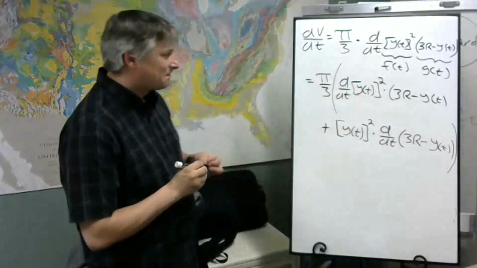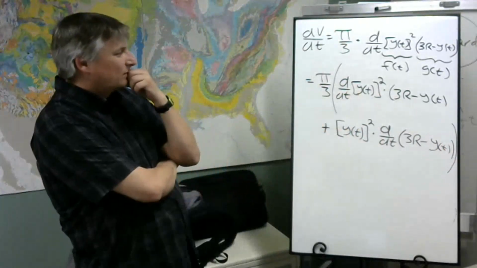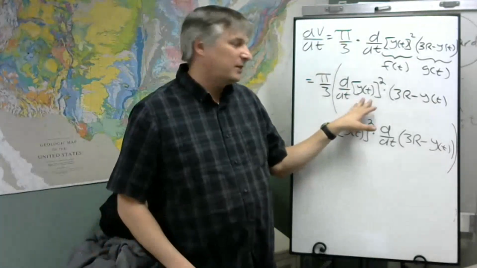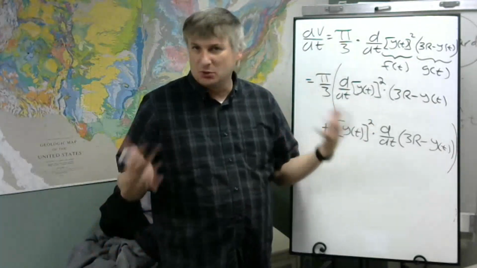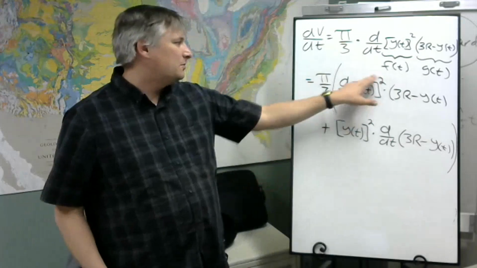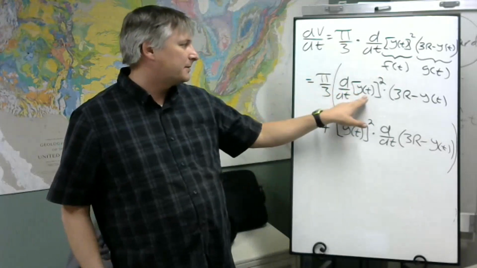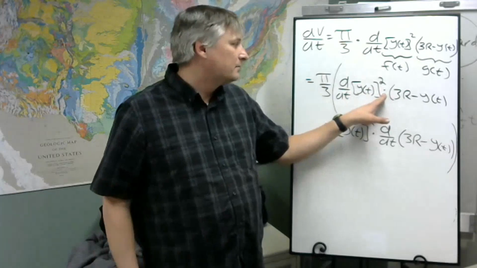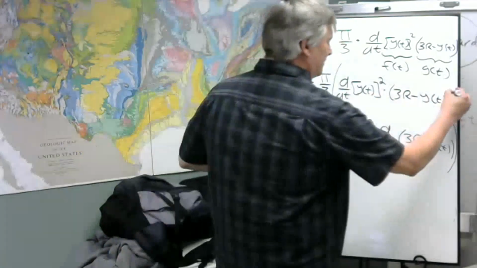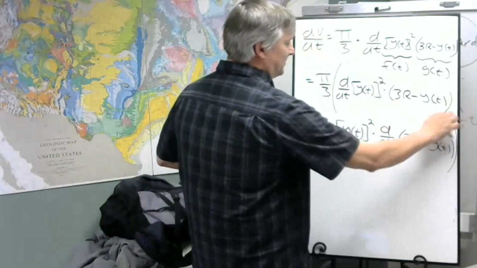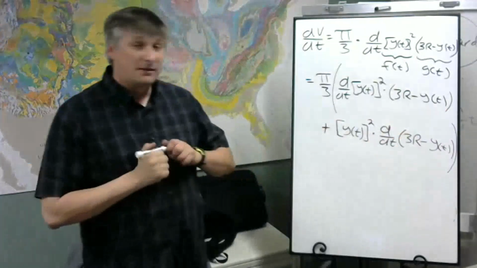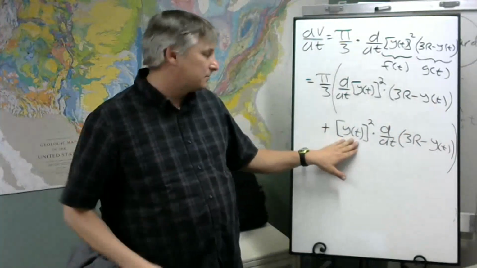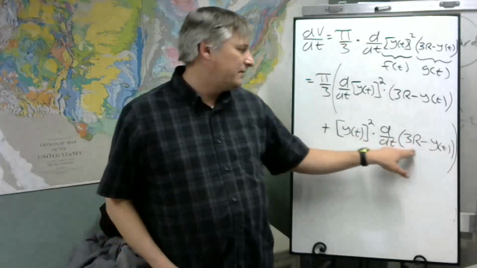Here we're going to get that chain rule. The derivative of x squared is 2x, so this time we'll have 2 times whatever's on the inside times the derivative of what's on the inside, multiplied by this. Then we add to that this, on its own, times the derivative of this.